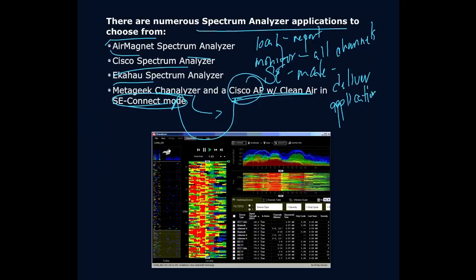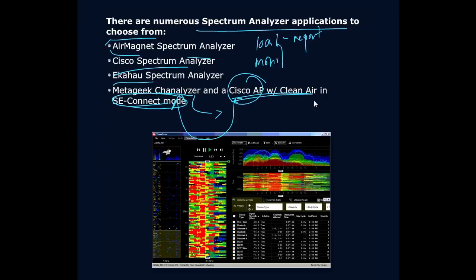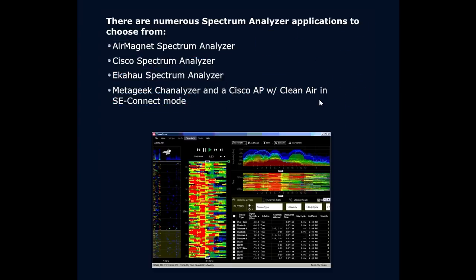So very important to note, SE mode is what you're going to be in for anything like MetaGeek Channelizer or other applications that are going to take information and analyze it for us from the AP. So this is our passive site survey tools we can choose from.